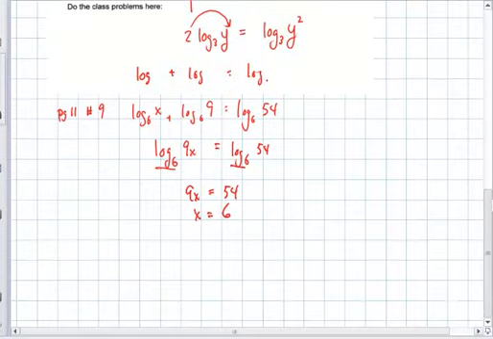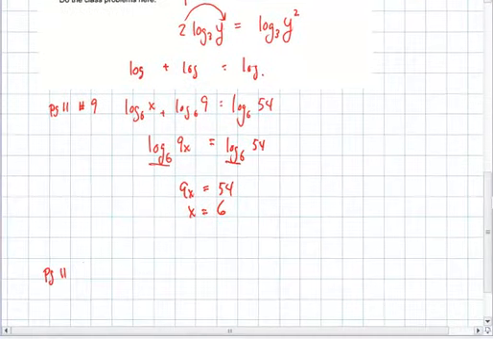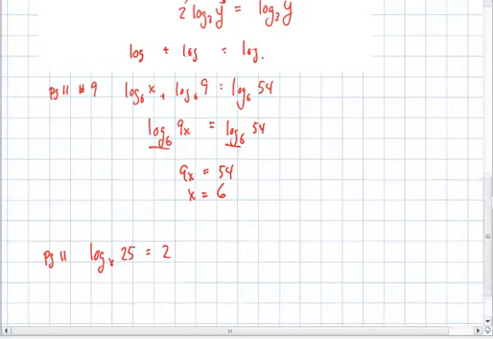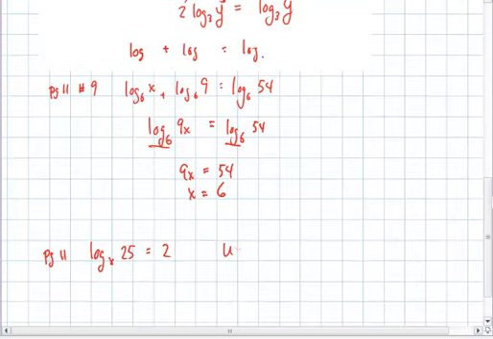Another type of problem on page 11 is where you have a log of a number equaling another number. So you just have one log, and what you have to do is use properties of logarithms and convert to exponential form.